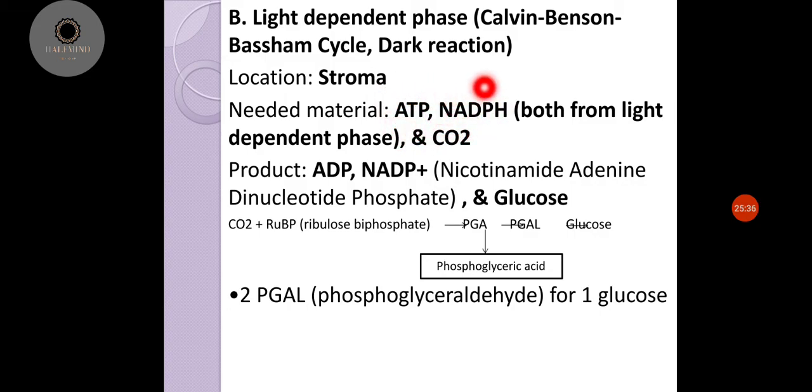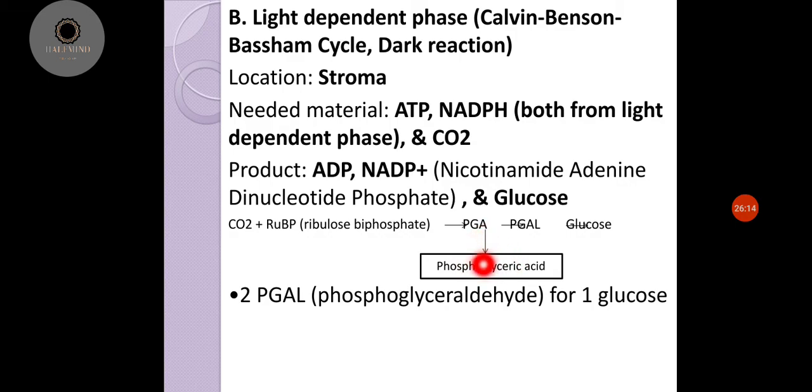So hindi pwede na magsistay sila na energy storage lang sila. Kailangan nilang i-release yung energy na nasa kanila para magamit ng cell. Kaya na-reduce na sila, bumalik na sila sa kanilang original na form, which is the NADP plus and the ADP. Because yung energy na galing sa kanila is ginamit sa pag-fuse ng carbon dioxide at saka ng ribulose biphosphate to create a phosphoglyceric acid.